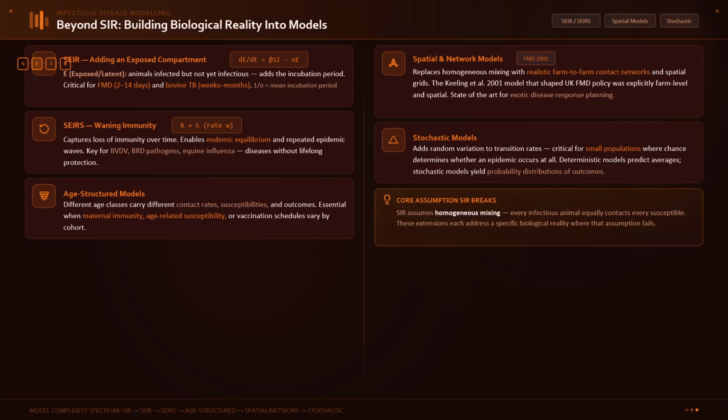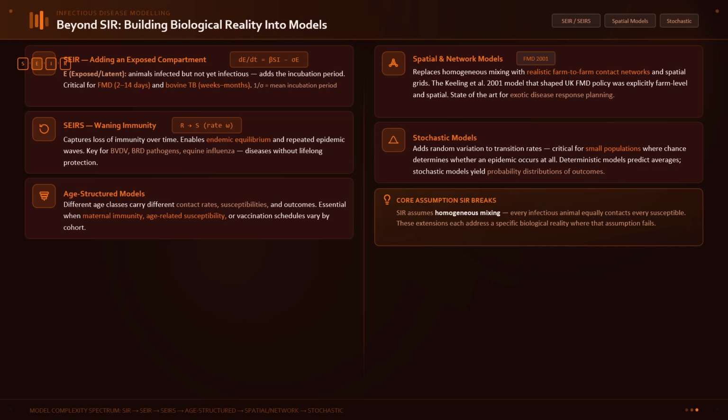The basic SIR model rests on one big assumption, homogeneous mixing, where every infectious animal contacts every susceptible equally. That's rarely true, so we extend the model to add biological reality.